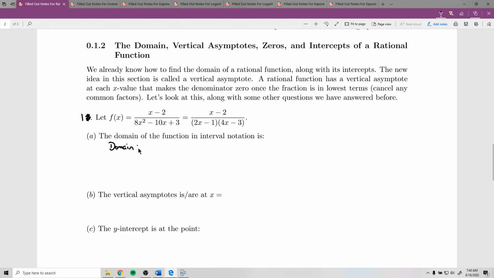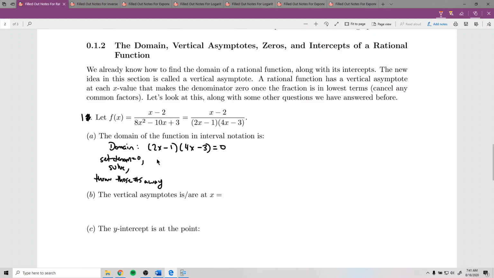And so for the domain, we set the denominator, and since we would have to factor it anyway, use the factored version: 2x minus 1 times 4x minus 3 equals 0. And then once we solve that, we remember what we do is we throw those numbers away. It's already factored for us, which is great.